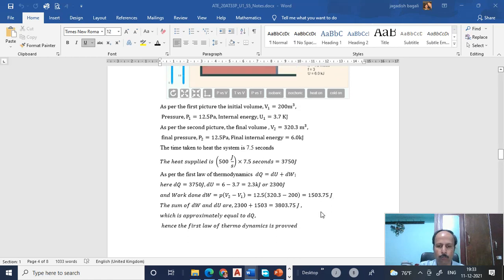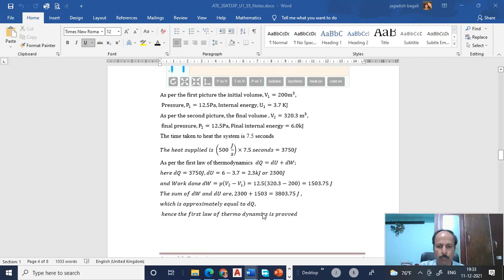Now you have to get the sum of the work done, dW, and the change in internal energy, dU. The sum of dW and dU is 3803.75 joules. The heat supplied is around 3750 joules. So the left hand side is approximately equal to the right hand side, as per the first law of thermodynamics, dQ is equal to dU plus dW.